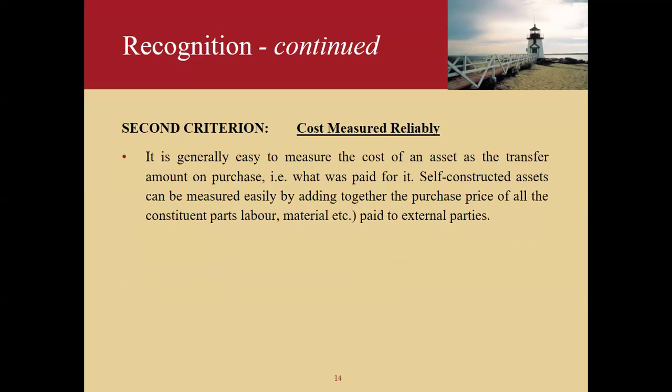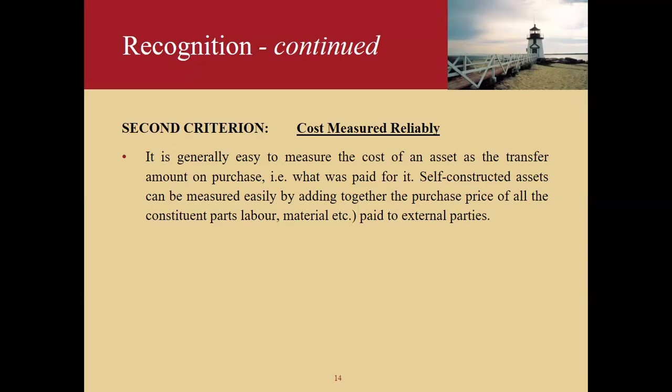So the second criterion, cost measured reliably. It is generally easy to measure the cost of an asset as the transfer amount on purchase, i.e., what was paid for it. Self-constructed assets can be measured easily by adding together the purchase price of all the constituent parts, labor, materials, etc., paid to external parties.